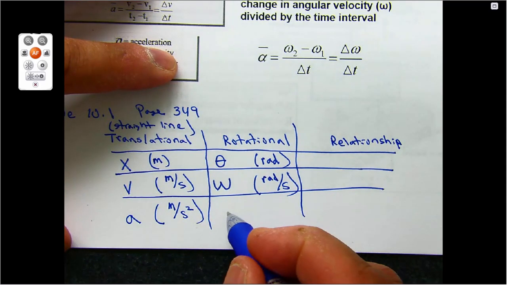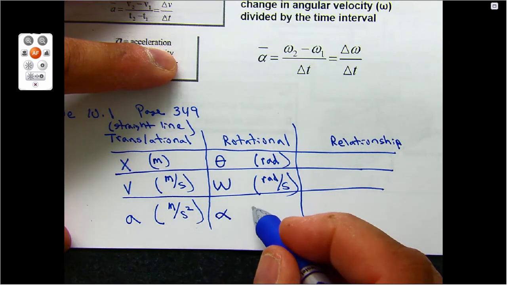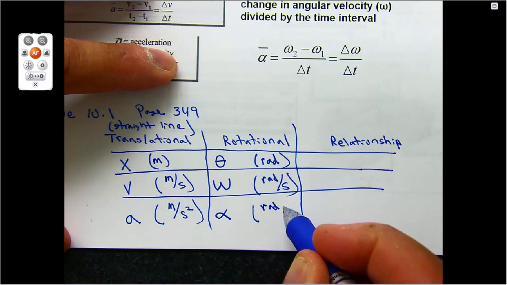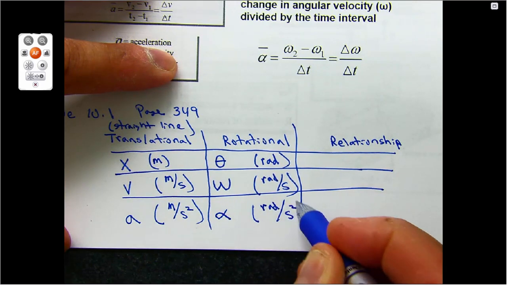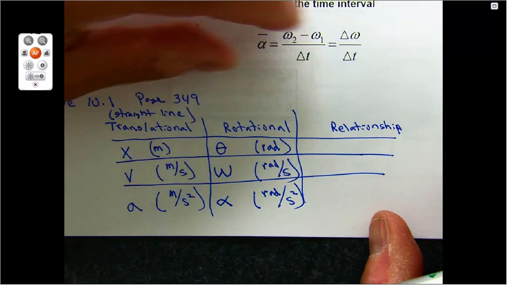And the rotational equivalent of acceleration is alpha, and that would be radians per second squared.